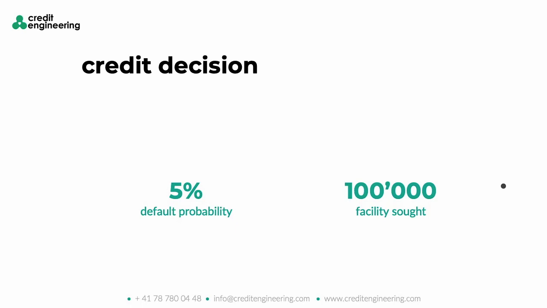Then, okay, how can we decide whether or not we can grant credit of 100,000, whatever currency it is, to a customer with default probability of 5%? We need to compare comparable.